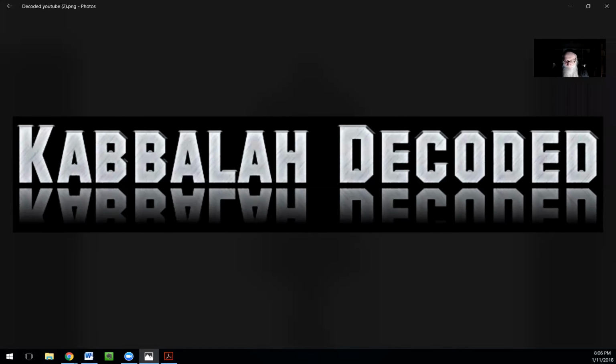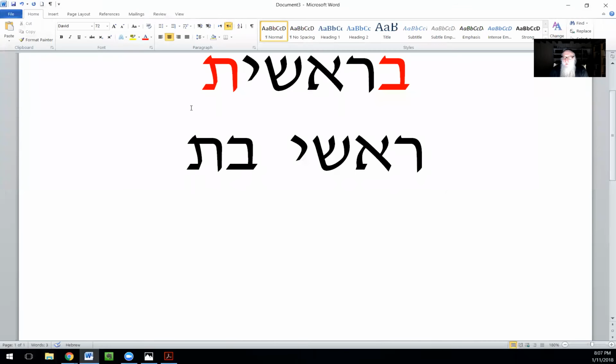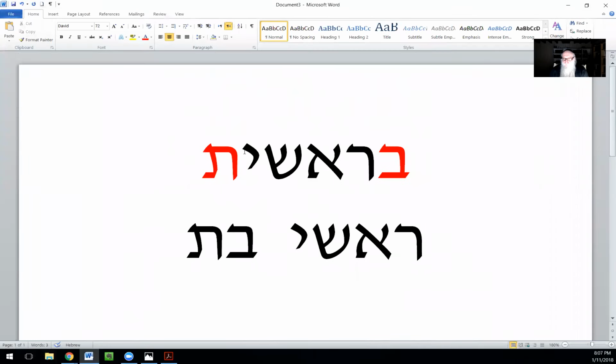In any event, this work called the Tikunei Zohar is part of the Zohar corpus, but it talks about one word and one word only, the word Bereshit. The word Bereshit in Hebrew can be written.